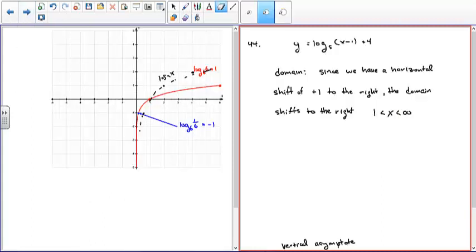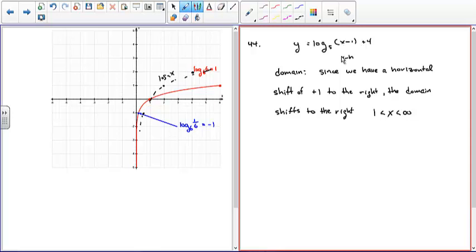Now here we have a function that has both horizontal and vertical shifts. The previous function was just log to the base 6 of x. Now we have a parent function, log to the base 5, and we're going to shift it in the x direction and in the y direction. Because of this shift, the domain gets moved, depending on what's going on here.